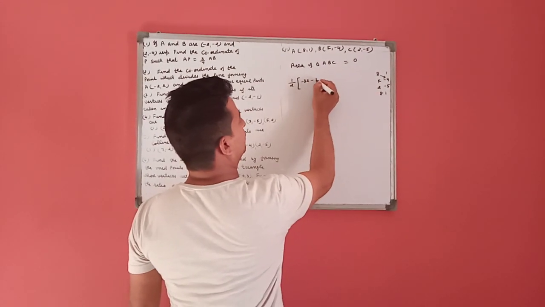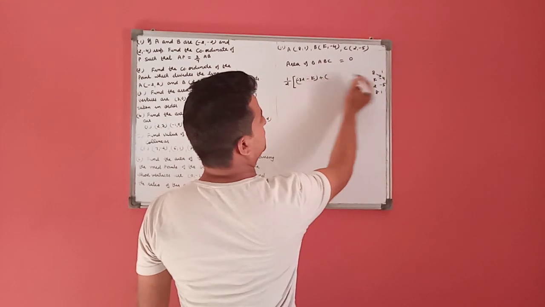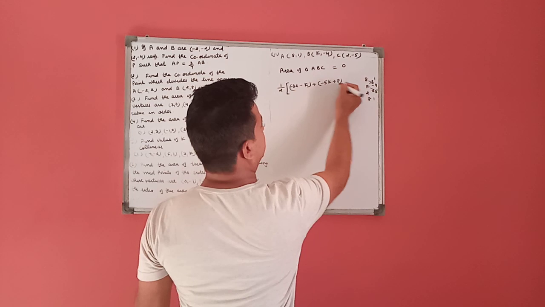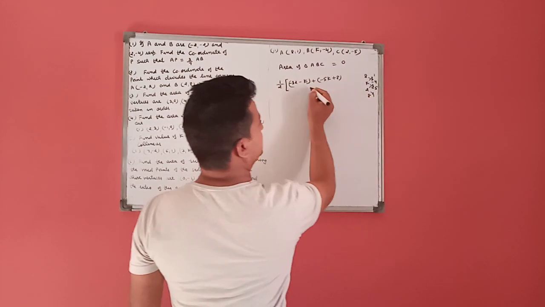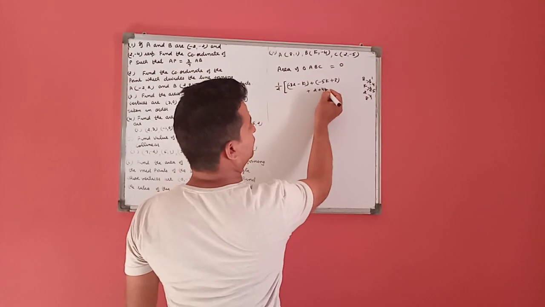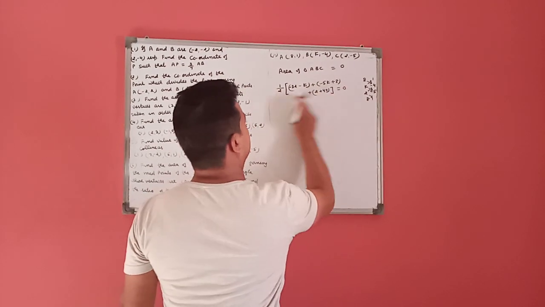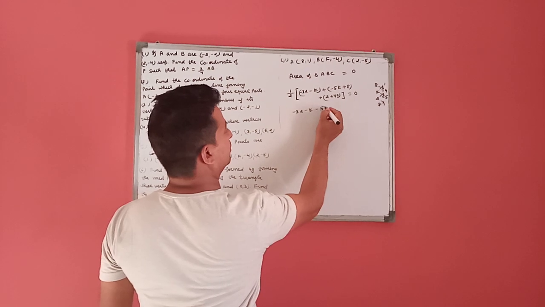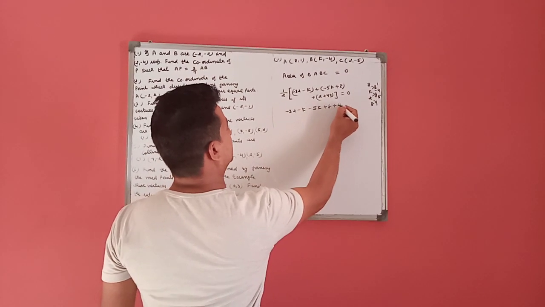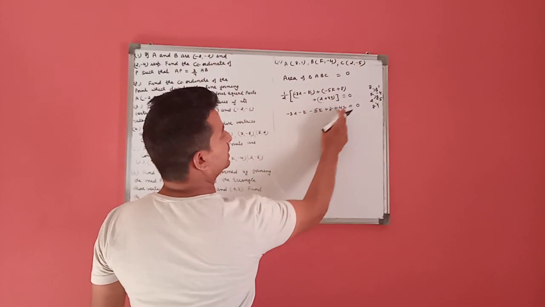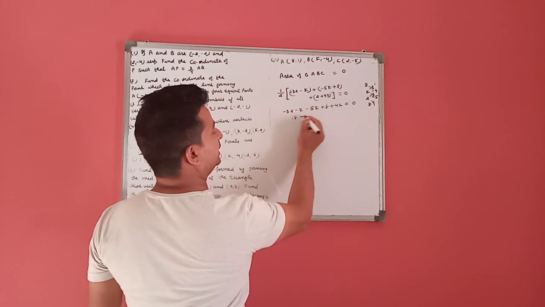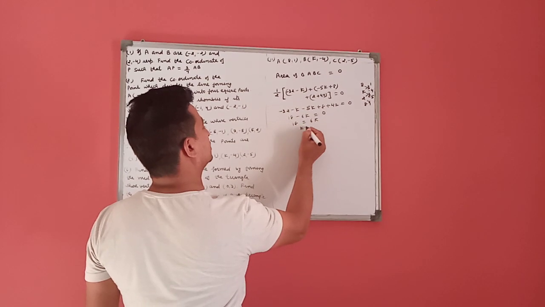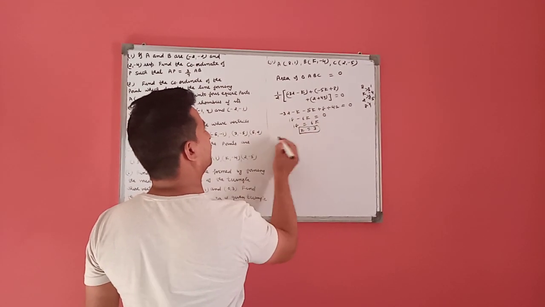Minus 32 minus k plus this is minus 5k plus 8. This is 2 plus 40 equals 0. This 1/2 multiplied by 0 is 0. Minus 2 minus k minus 5k plus 8 plus 42. This means 50, then 18 minus 6k. 18 is equal to 6k, then k is equal to 3. This is the value of k.